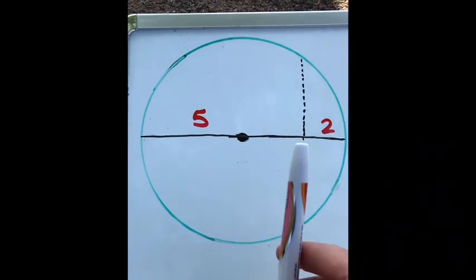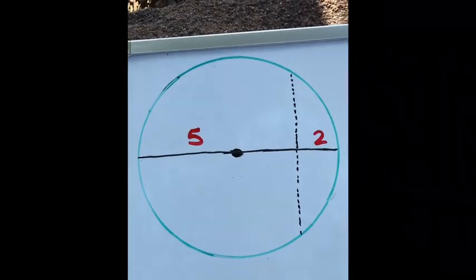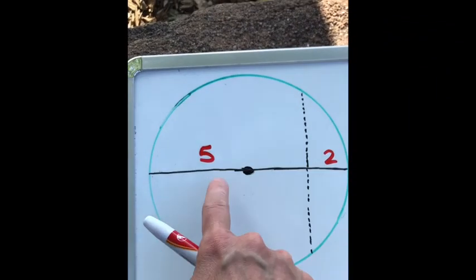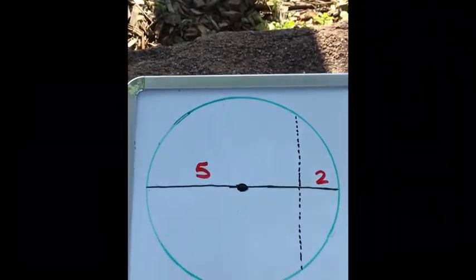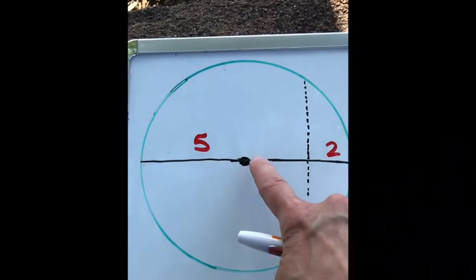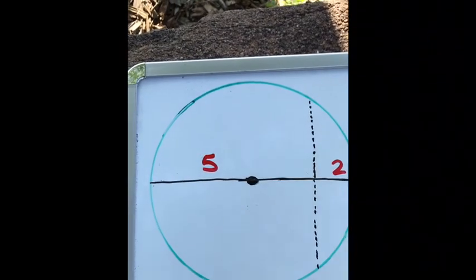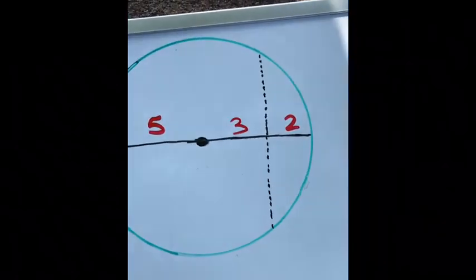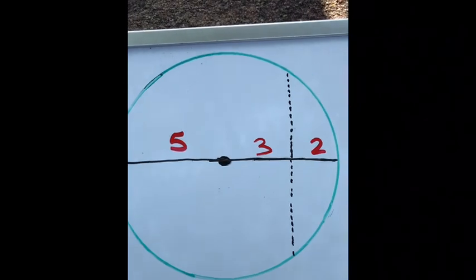It shows that this radius is 5, and this little piece right here is 2. If this radius is 5, doesn't that make this radius 5 also? Yes, good. So if this whole thing is 5 and this piece is 2, then this little piece is 3, because the whole thing is 5. Excellent.